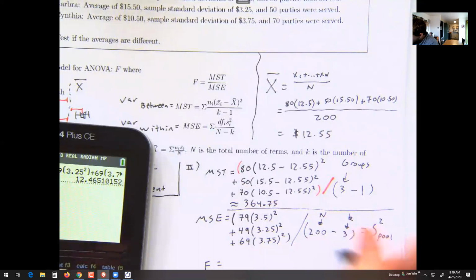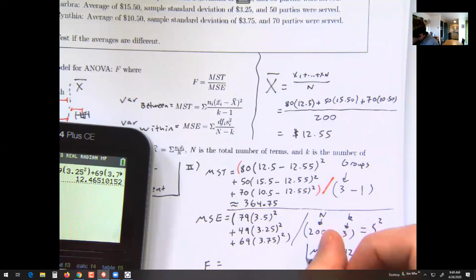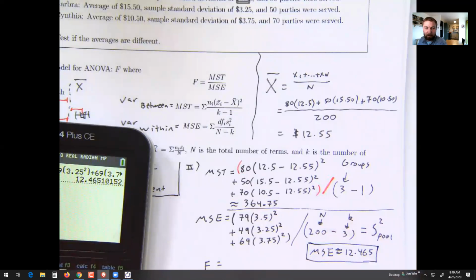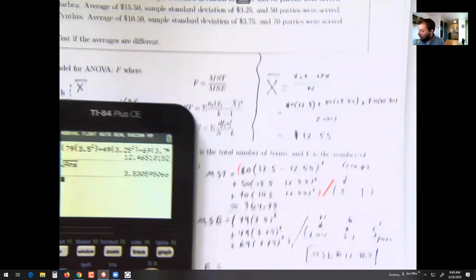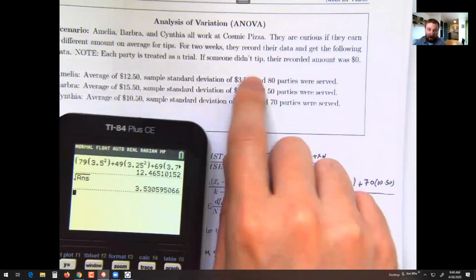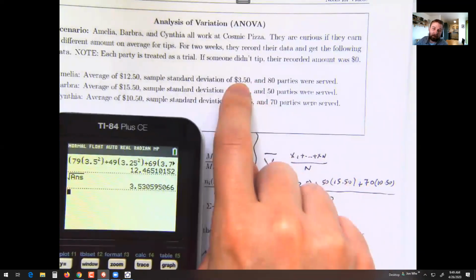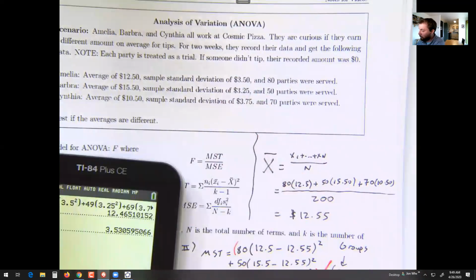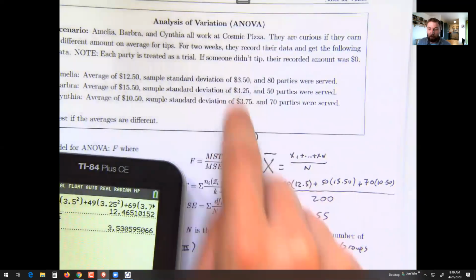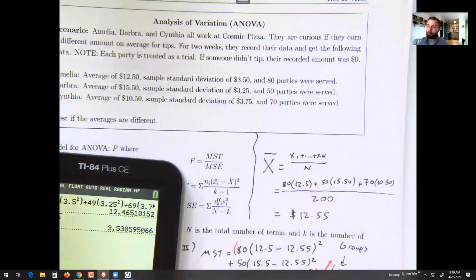So my MSE. A good way to see if this is reasonable or not reasonable is if you take the square root of this number, I get 3.5. That is about the average of all of these standard deviations. So the number that you get for your MSE, if you take the square root of it, should roughly give you what that pooled standard deviation looks like if you were to treat this all as one big group.